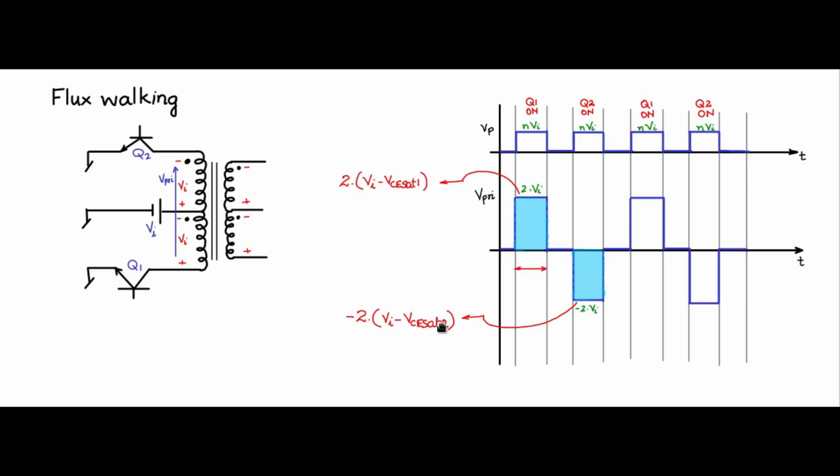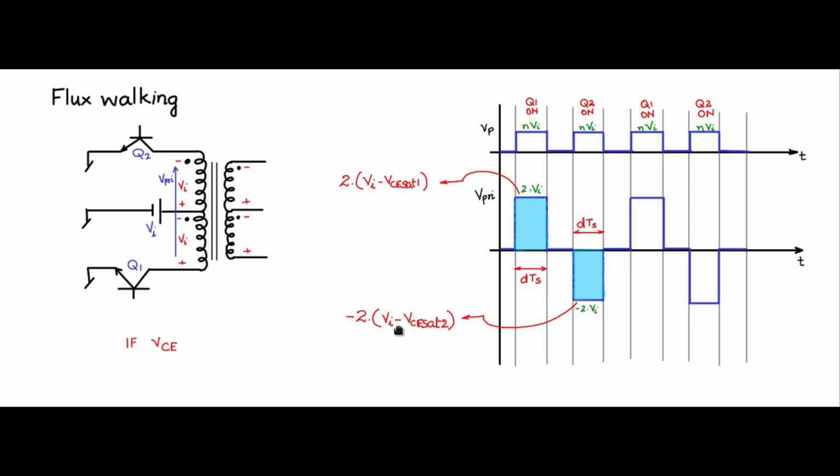But in a practical situation, they will not be. You should also understand that the time period is DTS when Q1 is on, and you also give the control signal DTS for Q2 to be on. So if VCE sat 1 and VCE sat 2 are mismatched, you can have a difference in the area.